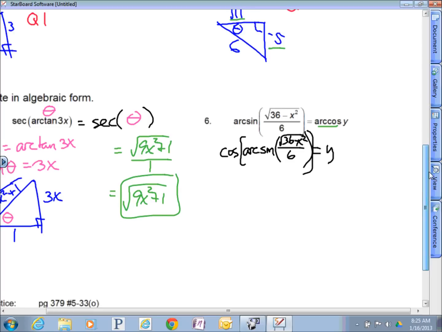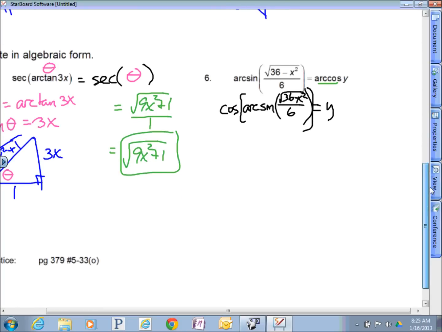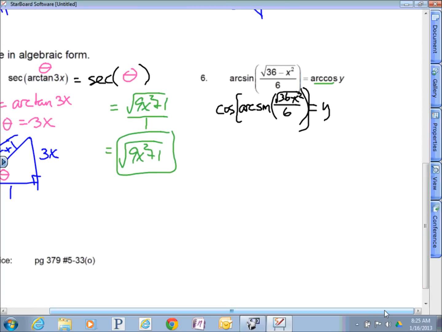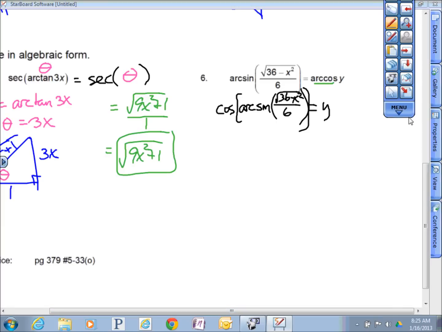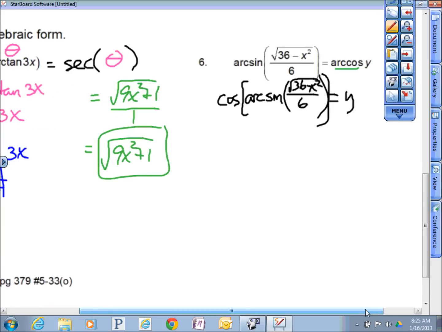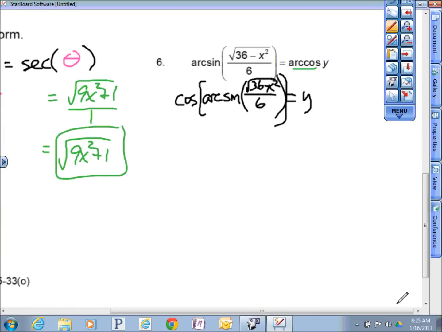So we're going to handle this exactly the same way. We're going to do a little theta substitution. I might need to zoom this in a little bit so I've got a little more space. Let's call this thing theta.